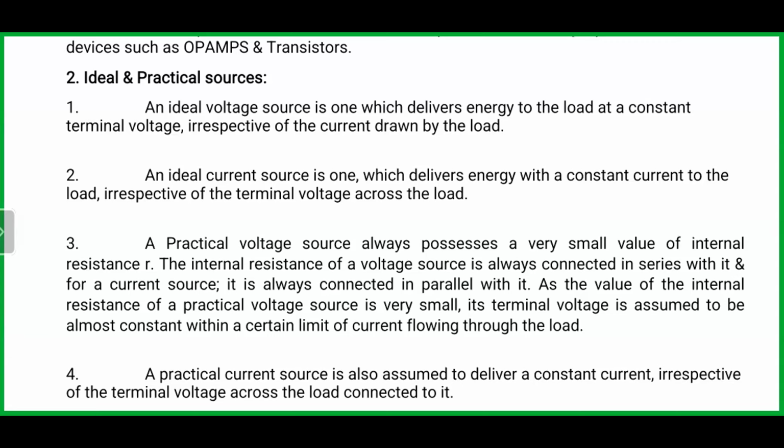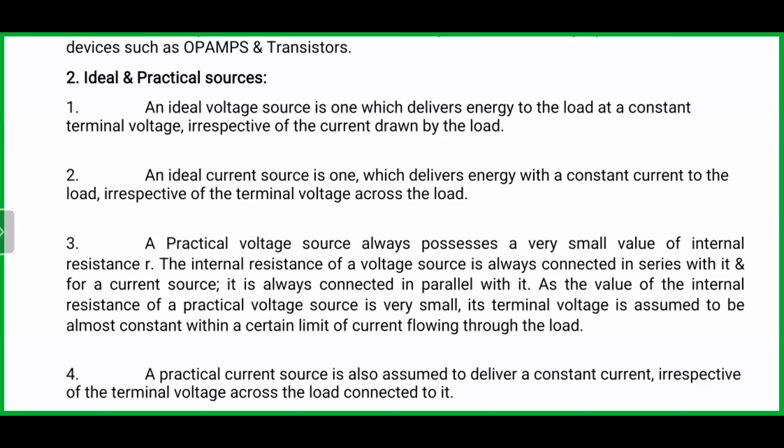The internal resistance of a voltage source is always connected in series with it. And for a current source, it is always connected in parallel with it. As the value of the internal resistance of a practical voltage source is very small, its terminal voltage is assumed to be almost constant within a certain limit of current flowing through the load.